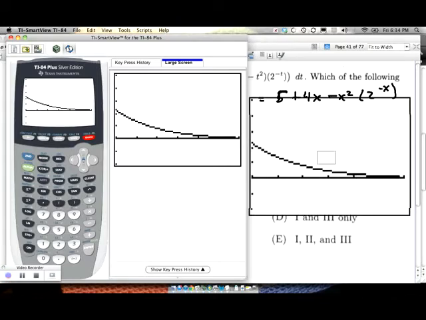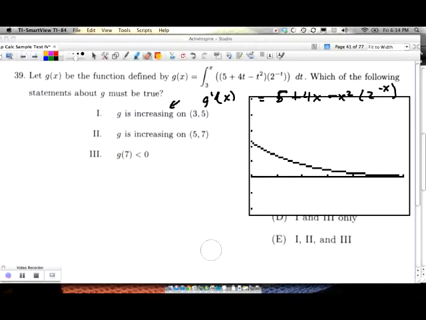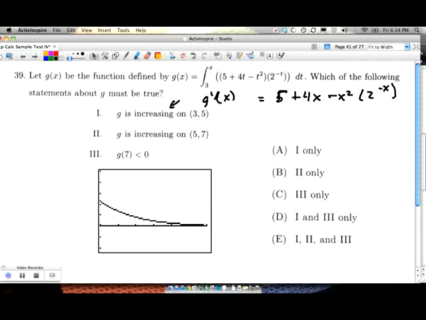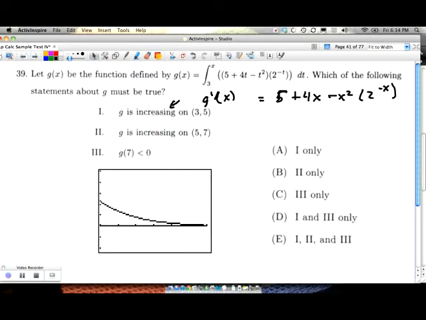So the question is, how does this picture relate to the things that we're looking for? Okay, so this is from 2 to 8, pardon me. So here's 2, 3, 4, 5, 6, 7, 8.